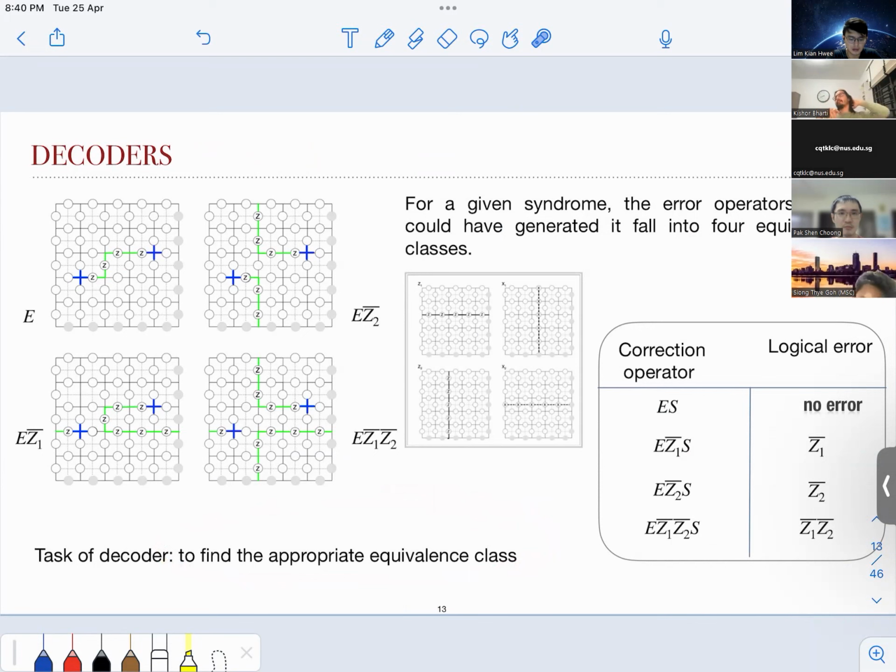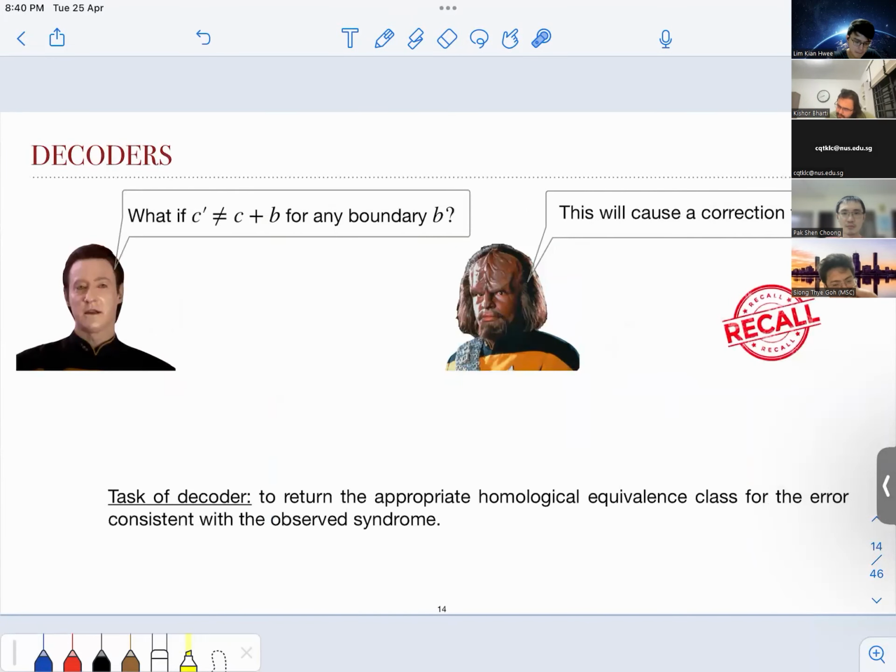Basically, you should not end up wrapping around; it should not correspond to a non-trivial loop. Whenever your correction operator plus the error corresponds to a non-trivial loop, it will lead to some logical error. So the idea is that your correction operator should be the error operator plus some boundary. If that is not the case, then you will have a correction failure.